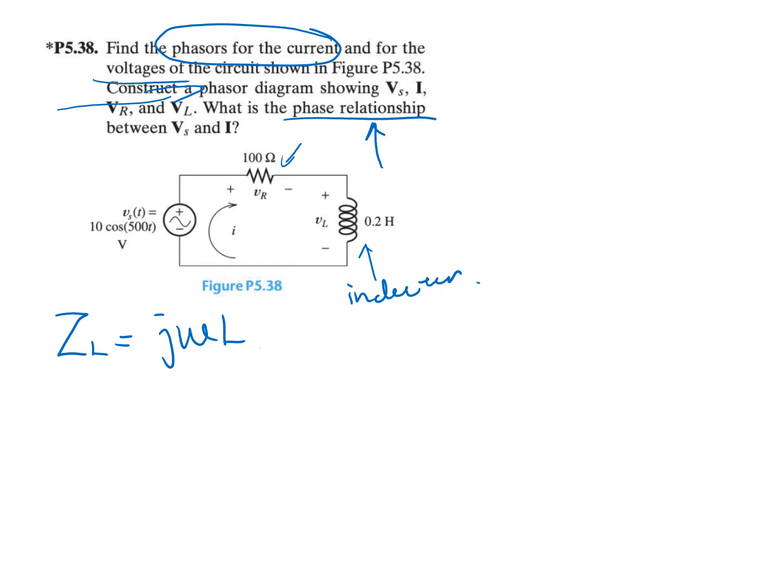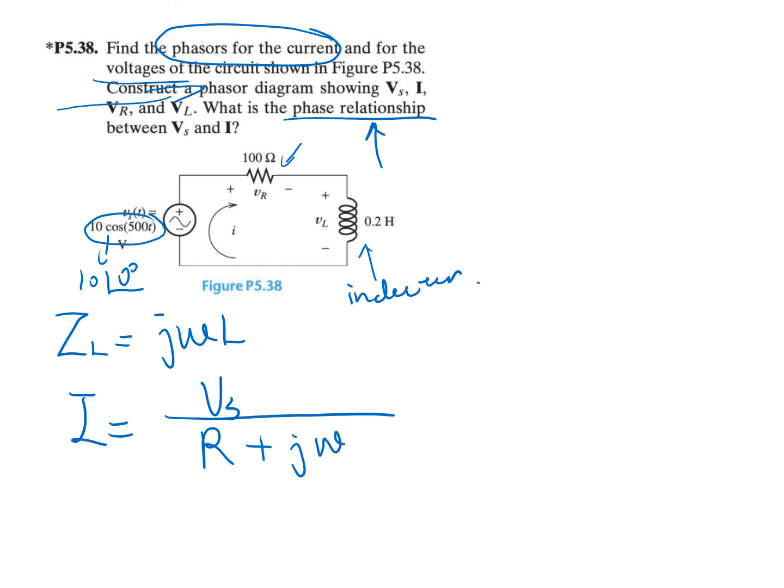To find the current here in the phasor domain, Vs is 10 at an angle of 0 degrees. So we have I, because everything is connected in series, equal to Vs over R, the resistor's resistance, plus the inductor's impedance, jωL.